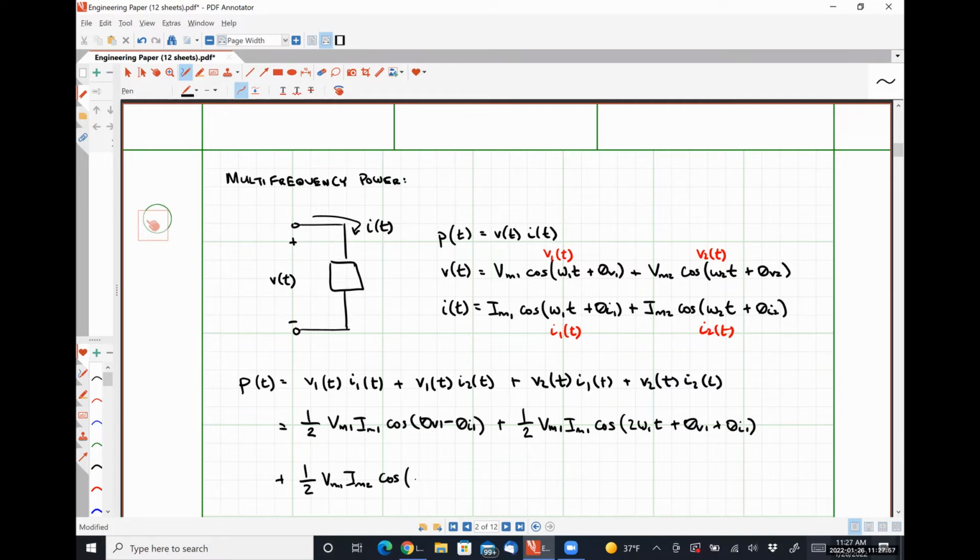So this is angle 1, omega 1t plus theta V1. This is angle 2, omega 2t. So we can see that we're actually going to have omega 1 minus omega 2 multiplied by time. And then we're going to have theta V1 minus theta I2.